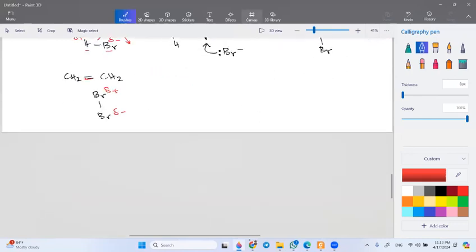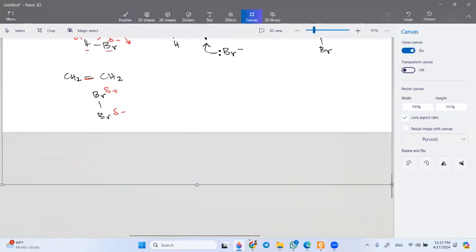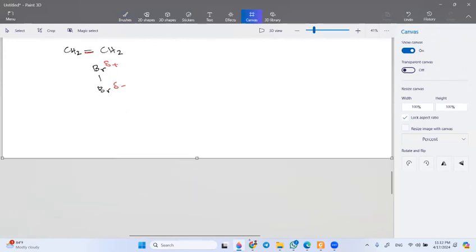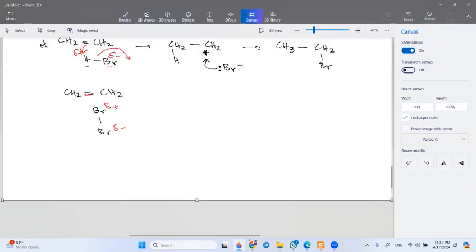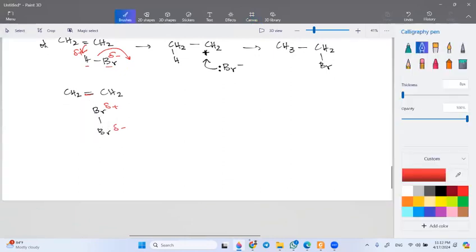Then this bond breaks towards Br minus, and the other bromine hits the double bond.